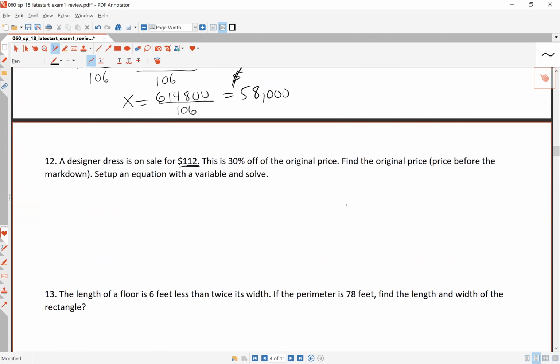So the original price, or the price before the markdown, is X, and the 112 comes from taking that and taking 30% off of the original price. So we take the 30% away, 30% of X away from the original price, and that equals 112.